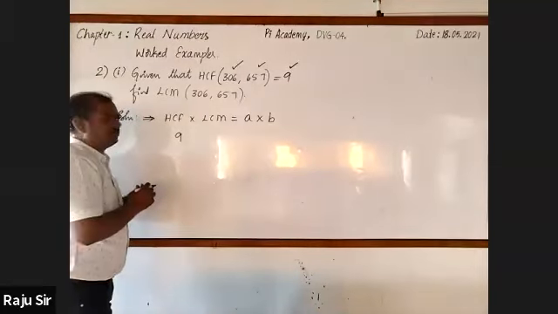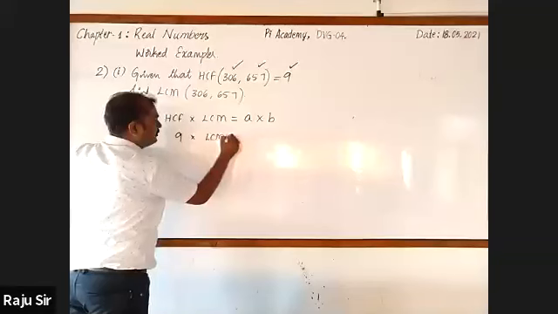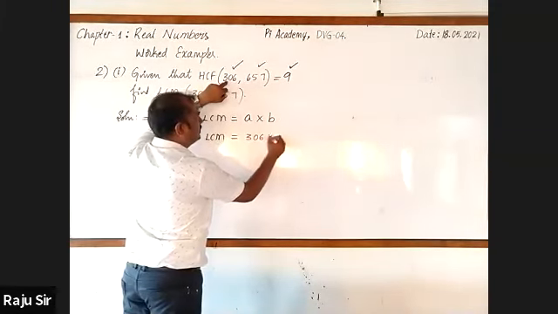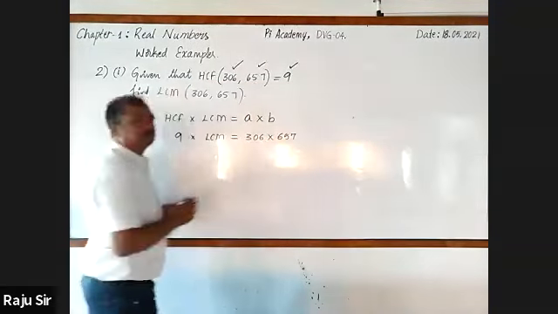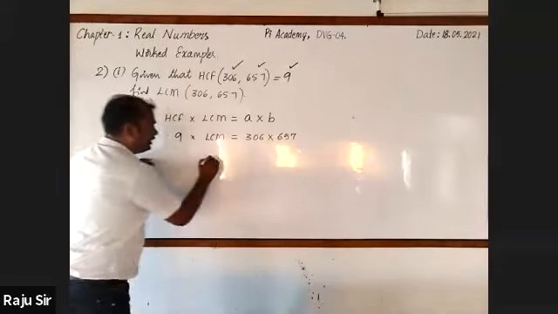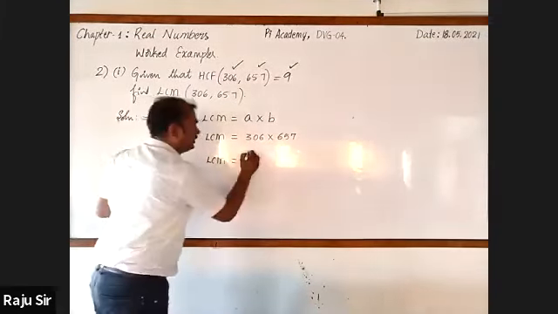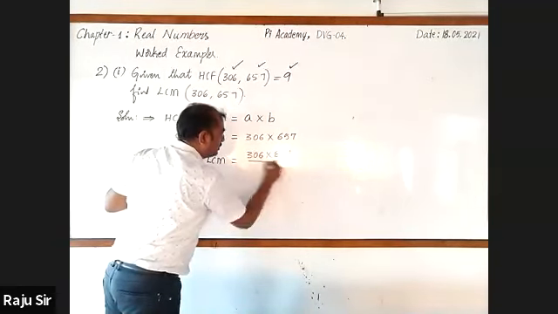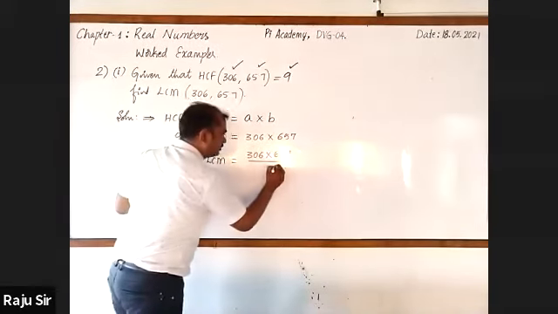Hope that you are writing with me. HCF into LCM is equal to A into B. This is 306 into 657. Then to find LCM, LCM is equal to 306 into 657 divided by 9. Now transpose 9 to the denominator.